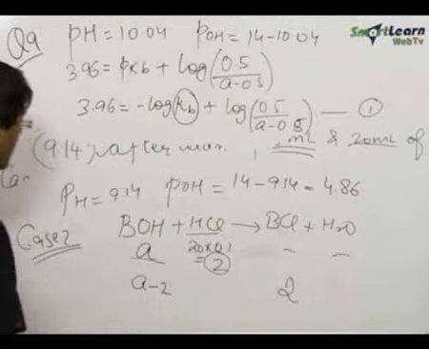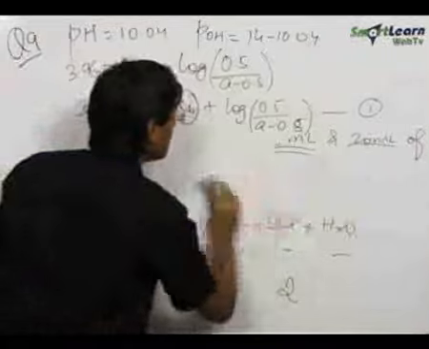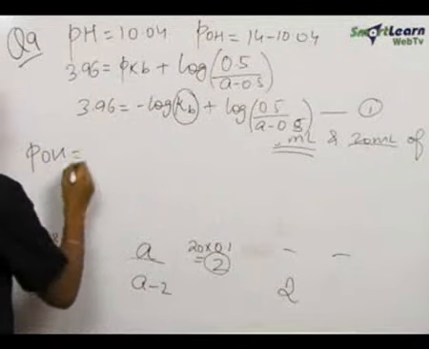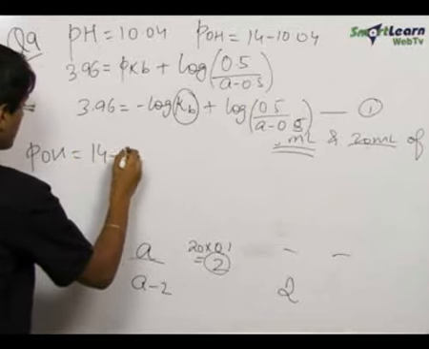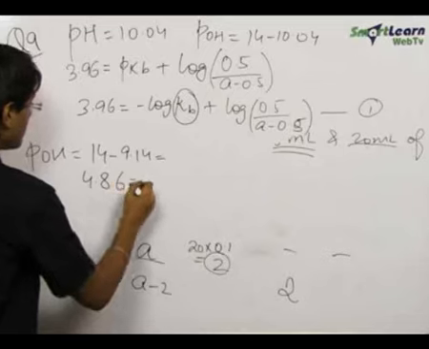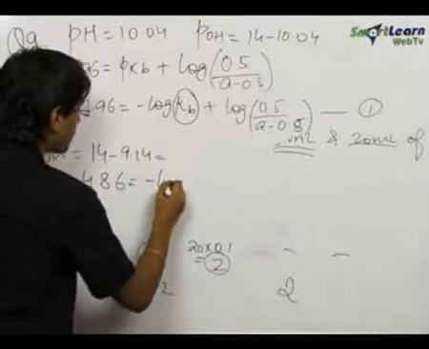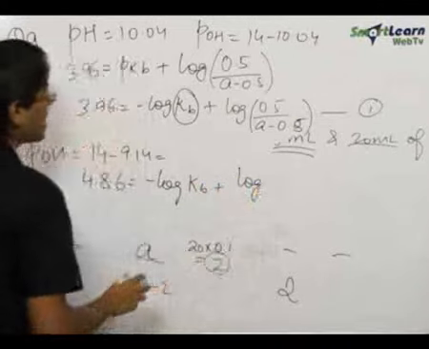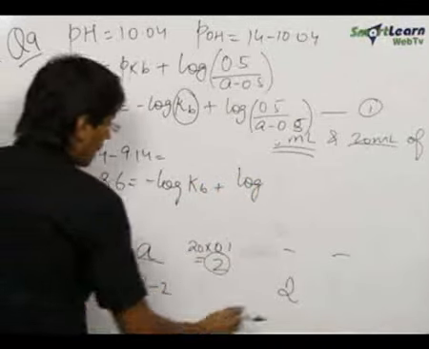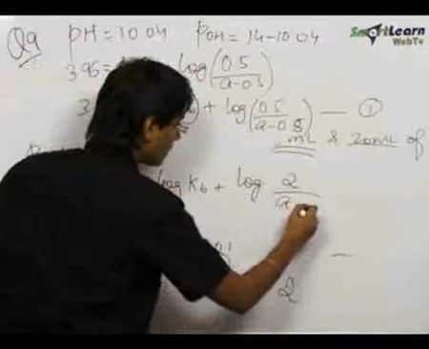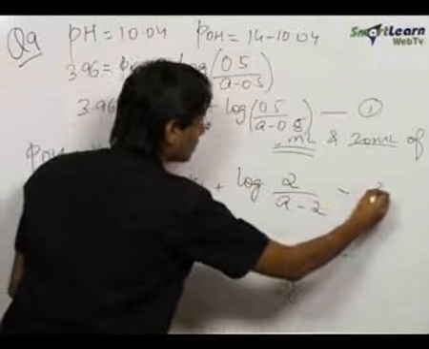So again we can apply the buffer equation: pOH, which we found out to be equal to 14 minus 9.14, that is 4.86, is equal to pKb, which is equal to minus log Kb, plus log of again salt upon base. Our salt over here is 2 and our base is A minus 2.